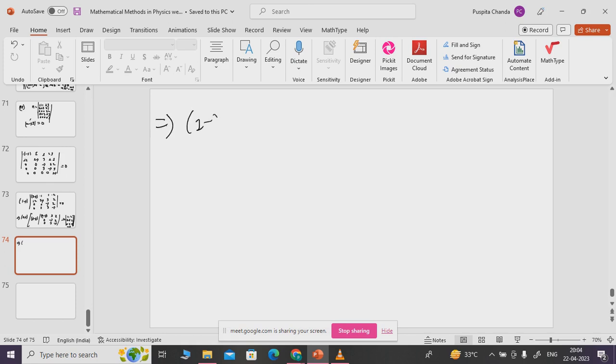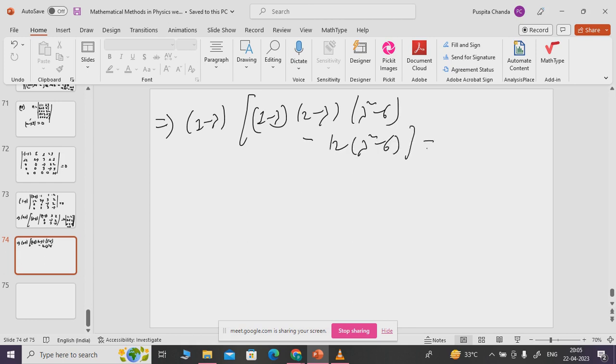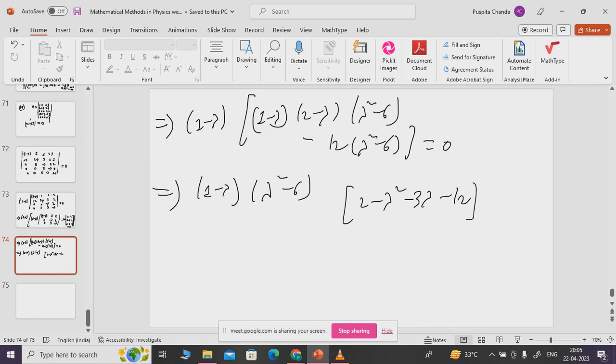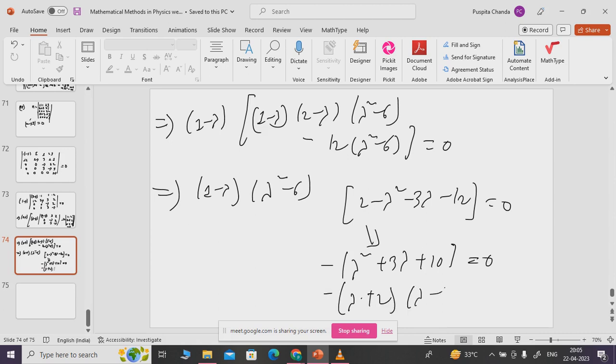So it became 1 minus lambda, 1 minus lambda, 2 minus lambda square minus 6 minus 12 minus 6 equal to 0. So this is 1 minus lambda, lambda square minus 6, 2 minus lambda square minus 3 lambda minus 12 equal to 0, which will become minus lambda square plus 3 lambda plus 10 equal to 0.